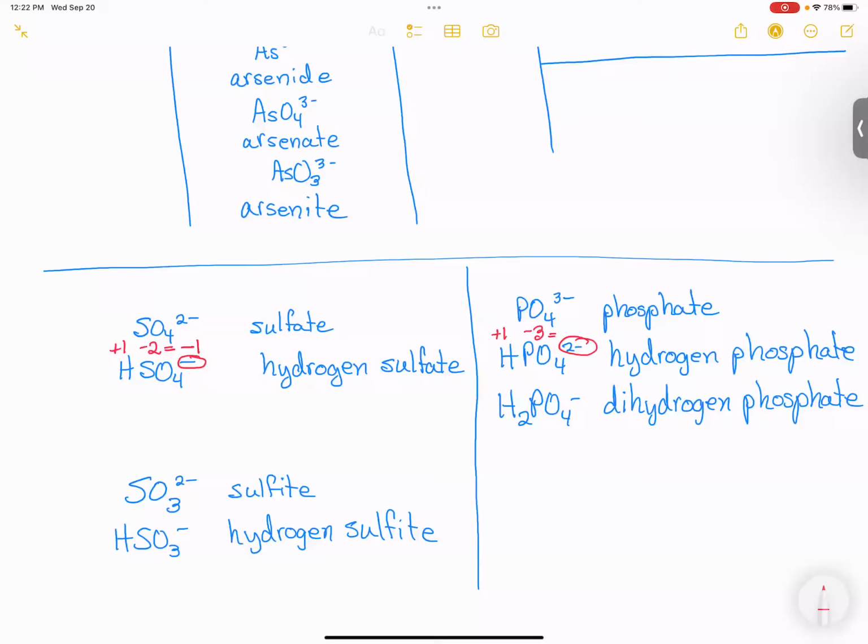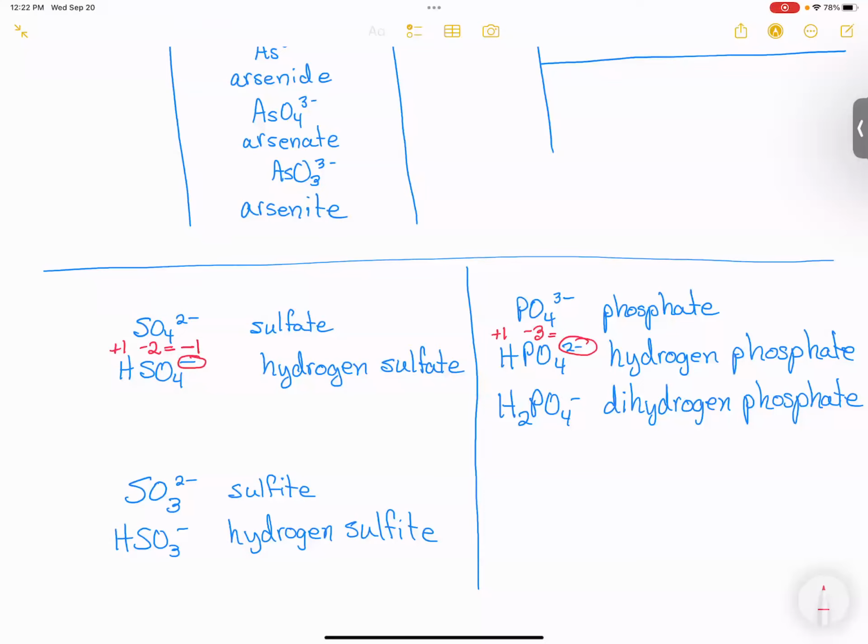The hydrogen, we always put the hydrogen in front. We always put a plus in front. That is actually going to be a useful trend to note when we get to ionic compounds as well. We always put whatever's positive in front. But the other thing we did is we added the word hydrogen when we added a hydrogen.